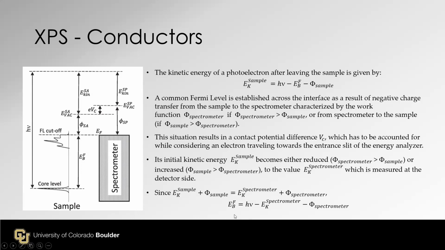Therefore, the binding energy relative to the Fermi level of the sample can be obtained from the X-ray incident energy minus the kinetic energy of the electron that spectrometer can see, minus work function of the spectrometer.